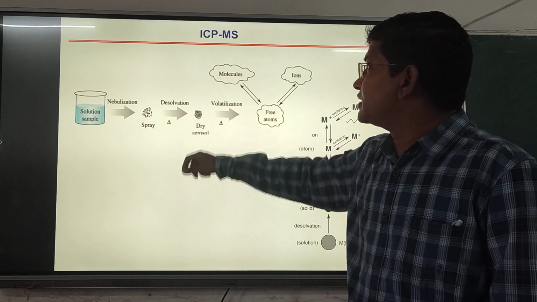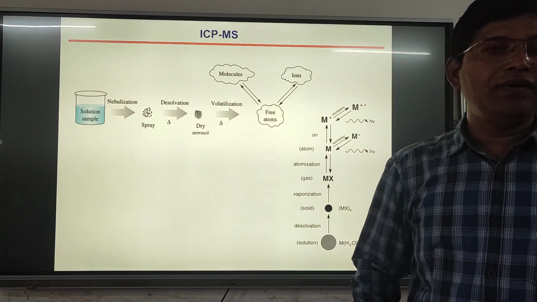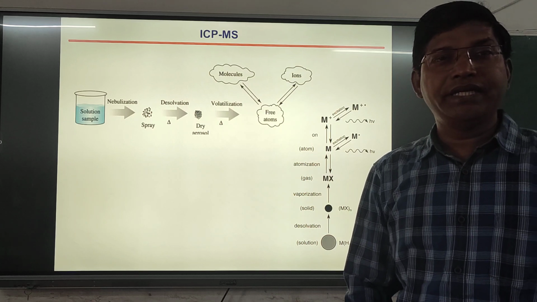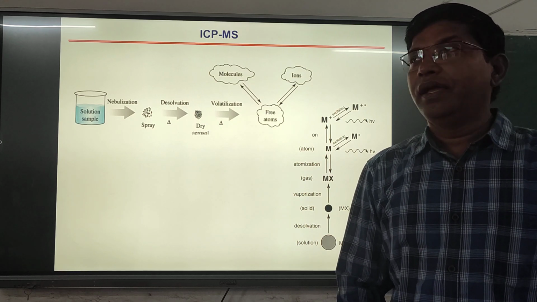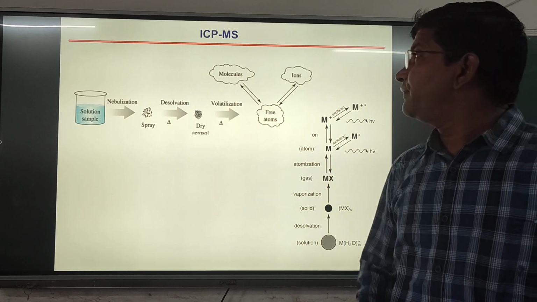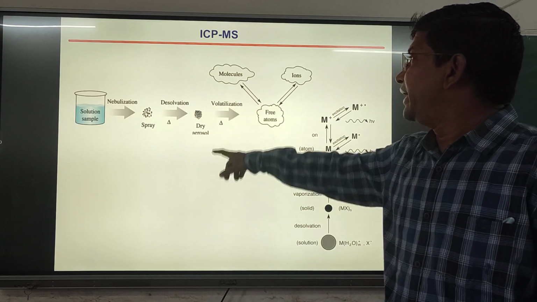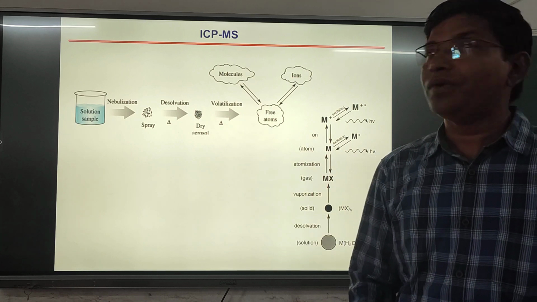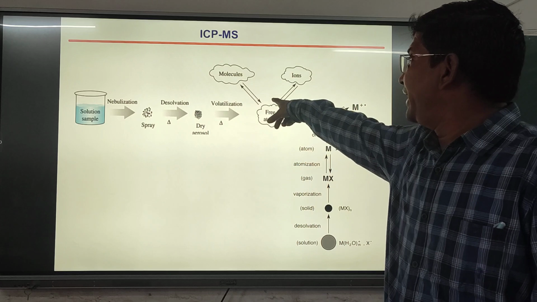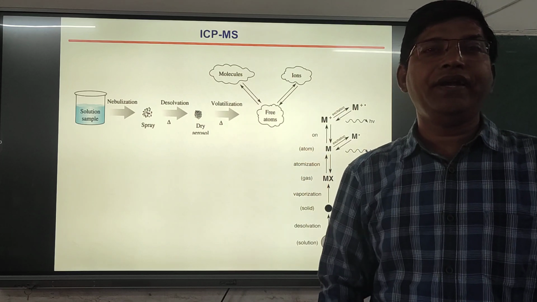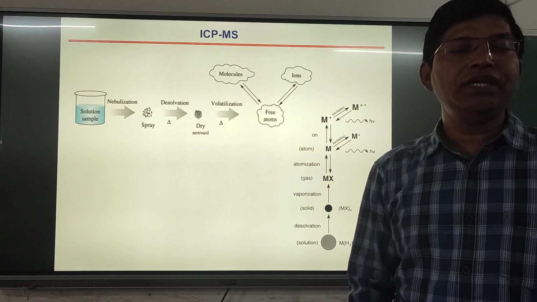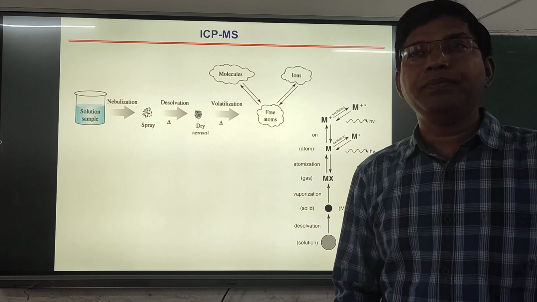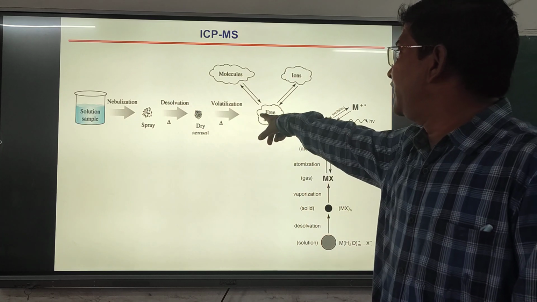First the sample is nebulized, and we know nebulization is a mixing of fuel, oxidant and sample. It forms an aerosol or spray, and then the ICP provides the heating process. So there is dissolution and volatilization of the liquid present in the sample. In this instrument, the way of introduction of the sample is in liquid form.